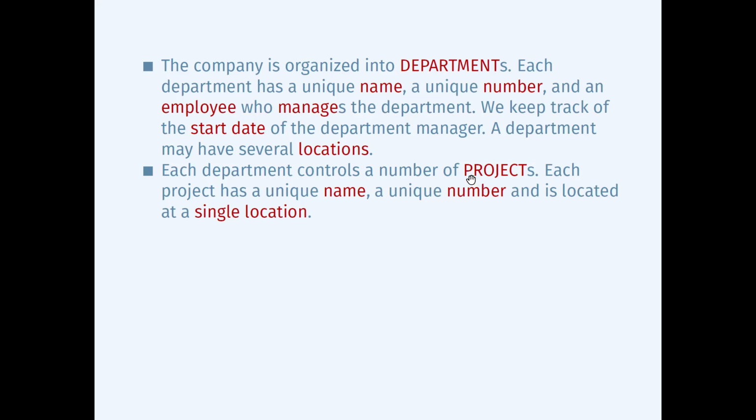So as you can see, I have highlighted here in capitals the project. So basically, this will describe about the project entity. It's called entity type actually. And it also describes the data. Project has a unique name, number, and a location.